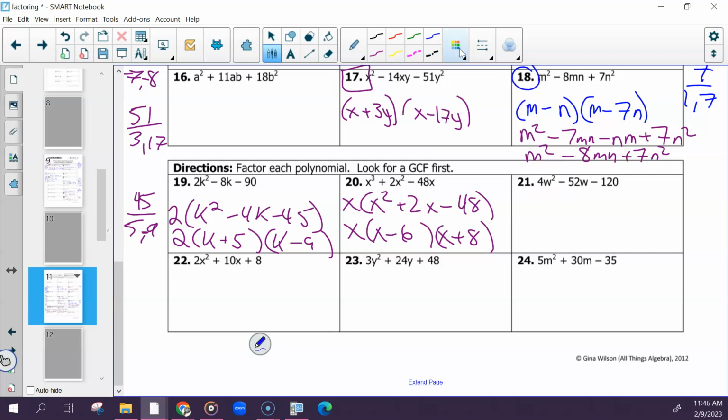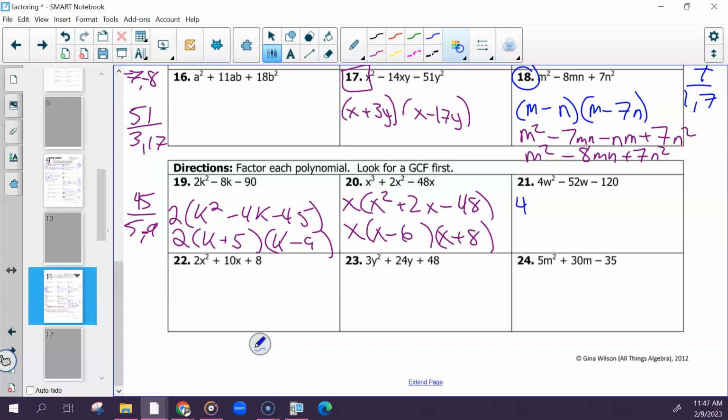Does it have a GCF for 21? Is there something those three numbers have in common? 4.